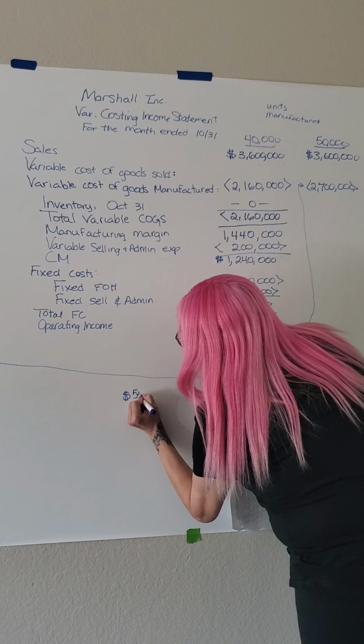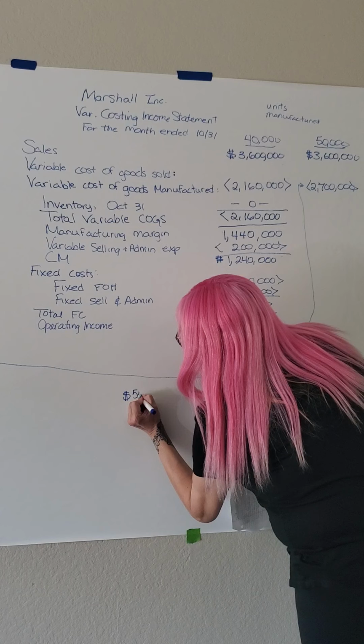So we're going to start with, we need to have total variable costs. And we're going to look here again at 40,000 units. So we're going to have direct materials of 1,440,000, direct labor of 480,000, variable factory overhead of 240,000, and that comes to a total of 2,160,000.